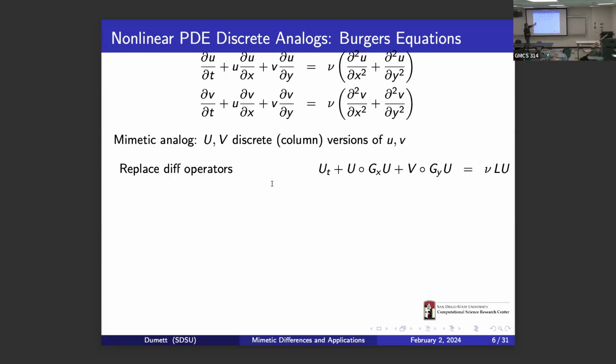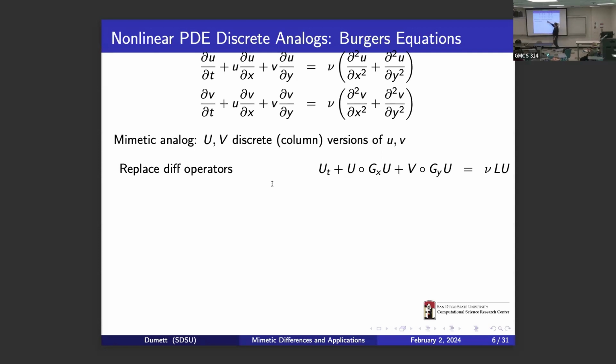I am replacing the differential operators, where u and v lowercase are continuous, and U and V uppercase are the discrete versions of these quantities. Somehow I am vectorizing this, so my discretization will be vectors. And what I will do is substitute that in several steps.